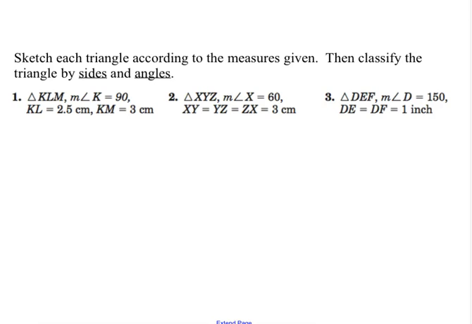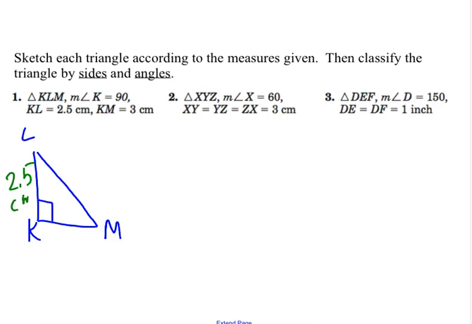All right, so triangle KLM, where the measured angle K is 90 degrees. So we know for sure we're dealing with a right triangle, where K is my right angle. I have L and M. Now let's see what else it tells us. Where KL is 2.5 centimeters, and this is 3 centimeters.